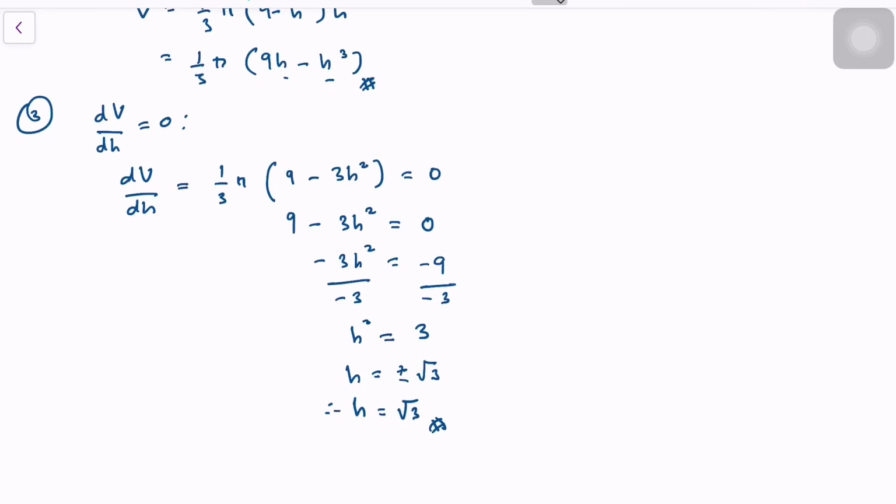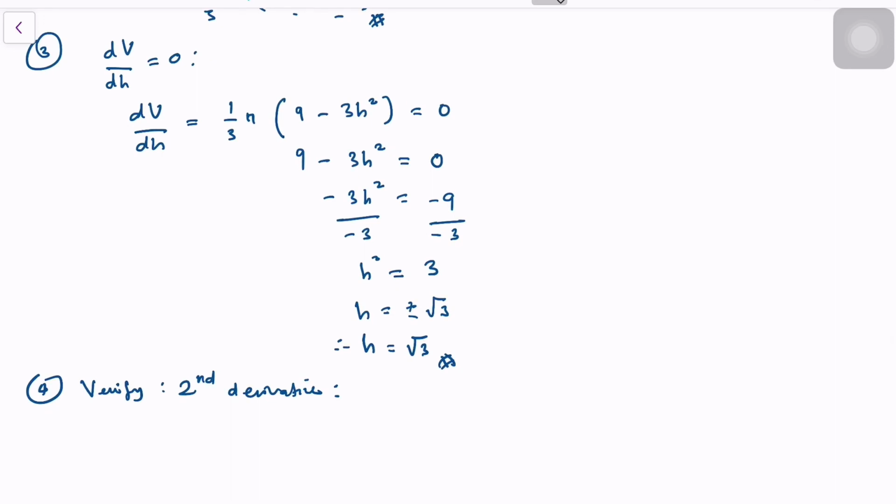Alright, then yang keempat, kita nak verify the solution. Okay, verify the solutions of h dekat sini, sama ada dia maximize or minimize dengan menggunakan second derivative. So saya akan lakukan second derivative, which is d squared V over dh squared.